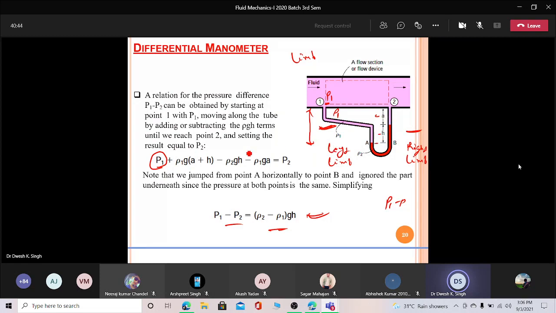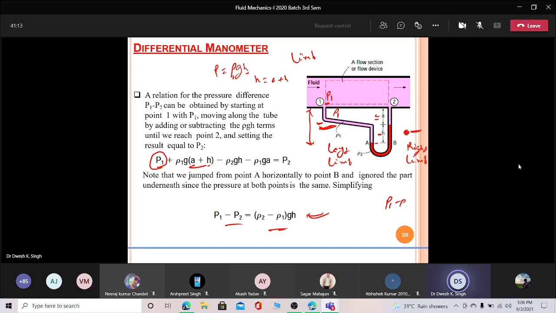So A plus H, and then we are using this relation. Simply we are using this relation. So at the place of density it is ρ1, at the place of H it is A plus H, because the height is A plus H. So look at it. The total pressure on this side is P1 plus ρ1 G into A plus H.